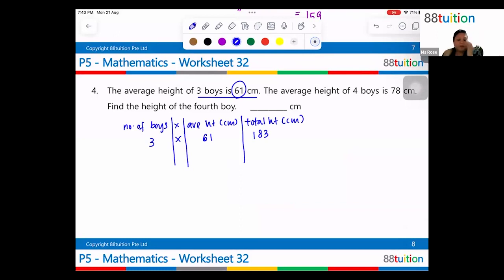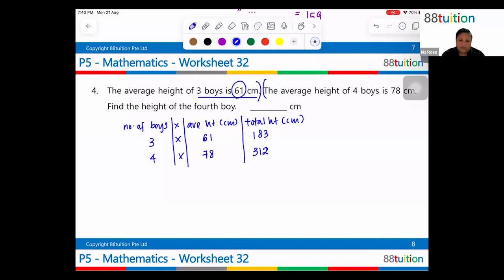So number of boys times the average height will give me the total height. It also says the average height of 4 boys is 78. So the total height of the 4 boys will be 312.